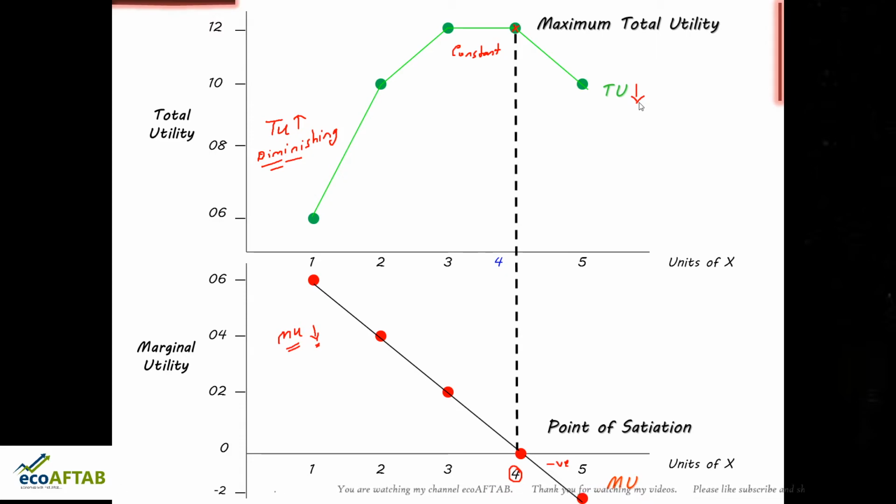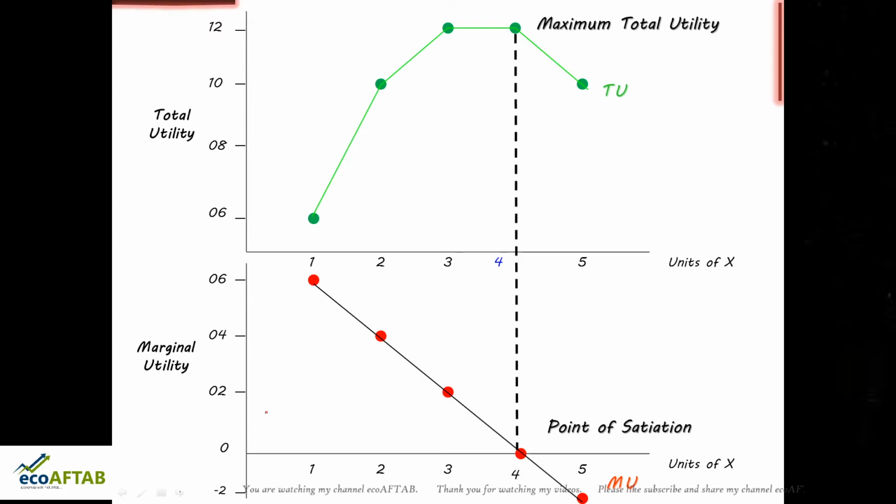So if the consumer increases the consumption of one commodity, keeping constant the consumption of all other commodities, every additional unit of the commodity will give less and less satisfaction. This is the crux of the law of diminishing marginal utility.